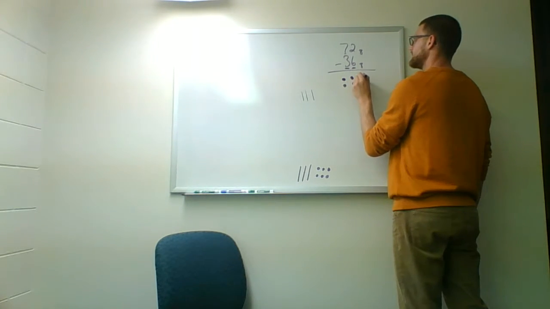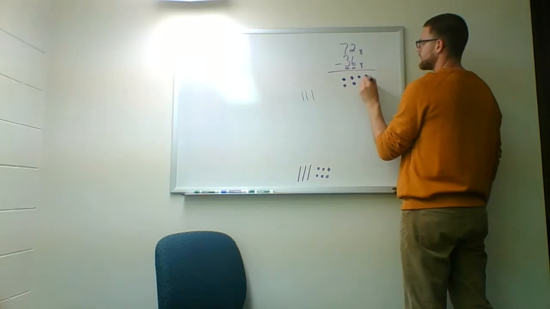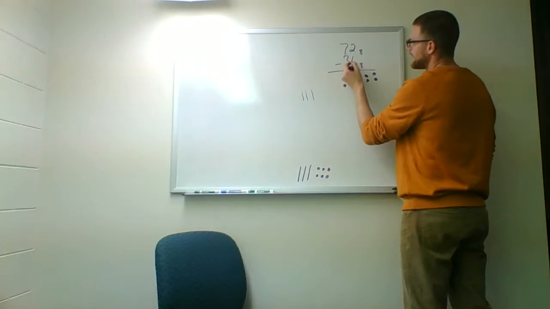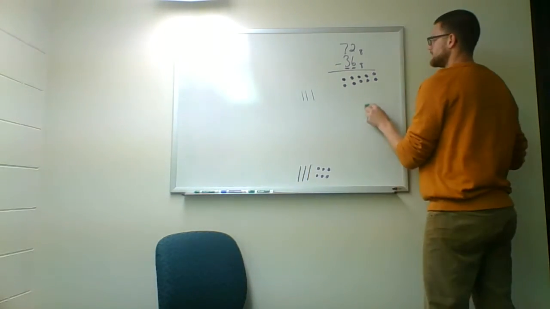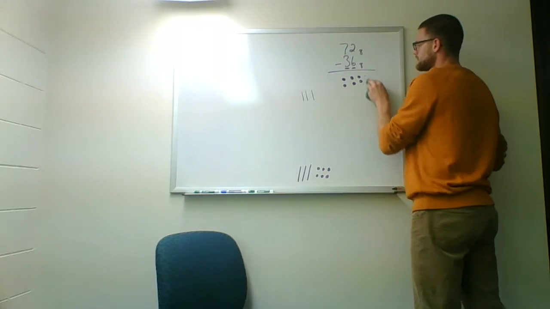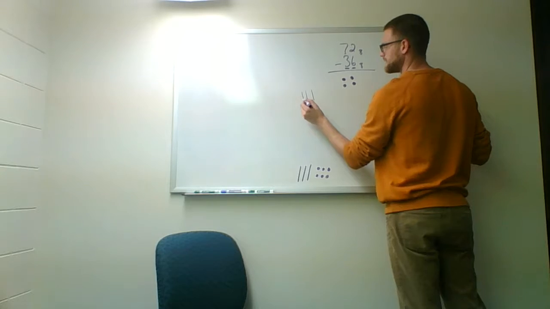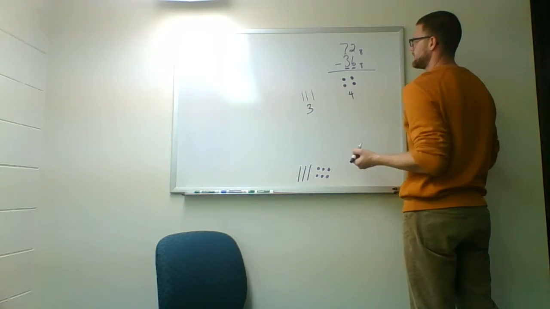So 1 rod in base 8 is 8 units. So 1, 2, 3, 4, 5, 6, 7, 8. Now we can take away our 6 units. So 1, 2, 3, 4, 5, 6. And we're left with 3 rods and 4 units.